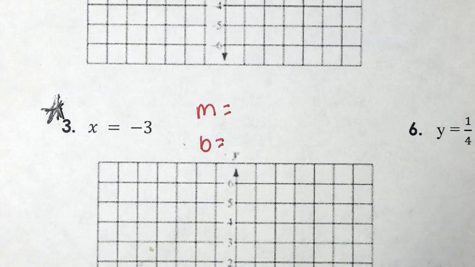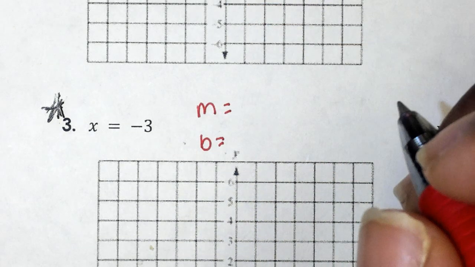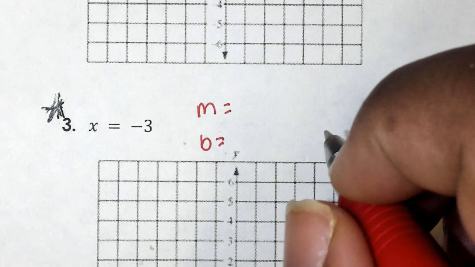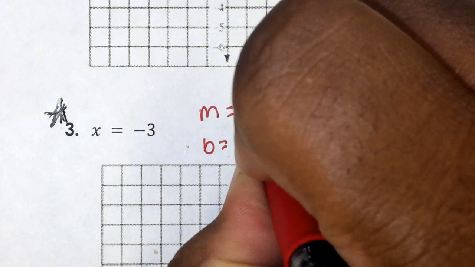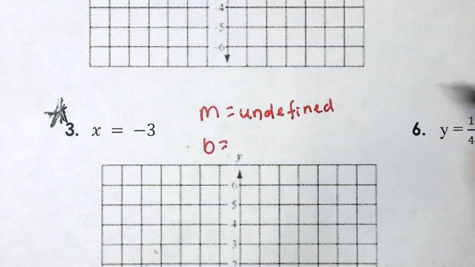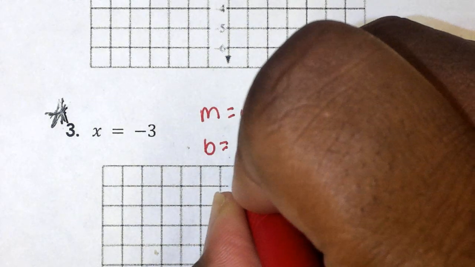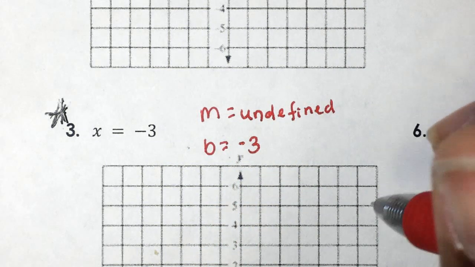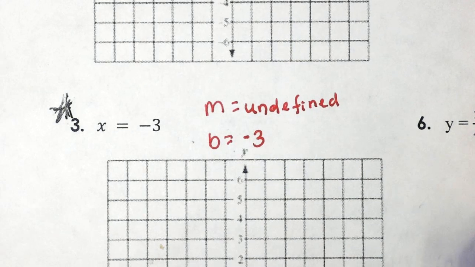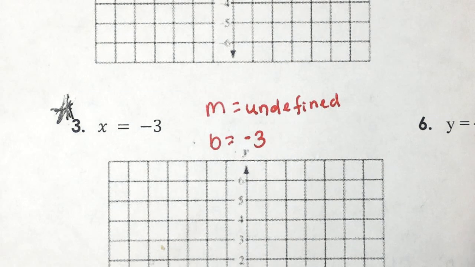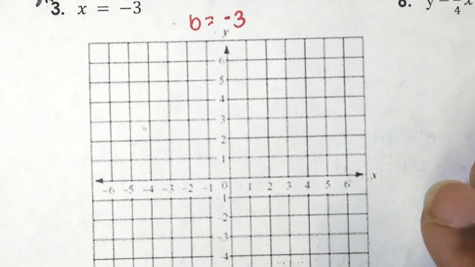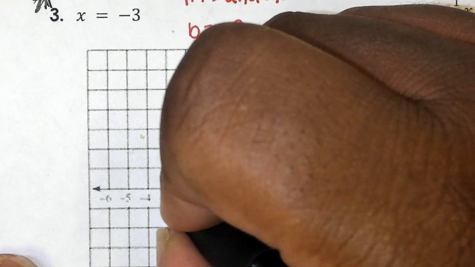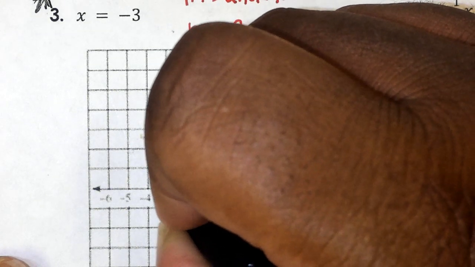Anybody know slope? It's not 0. The only thing about this one is just x equals negative 3. This is an x-intercept. My point is here on the x-axis at negative 3.